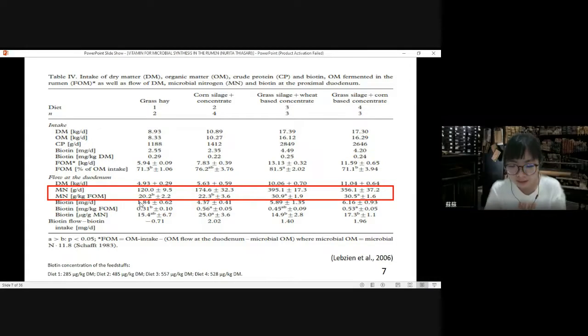Thank you. And I have the second question. If the vitamin B really has the benefit on the microbial synthesis, what can we do in the future?